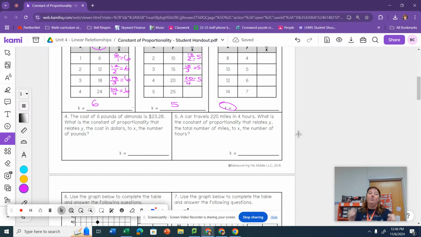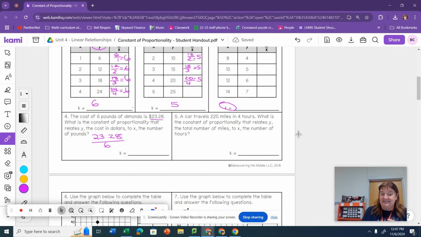When we're talking about constant of proportionality, we're talking about a constant ratio. So it's kind of like that unit rate. You can do the same thing here where, remember, we put money on top. So it's going to be 23.28 over 6, the money on top over the 6. 6 pounds of almonds cost this much.